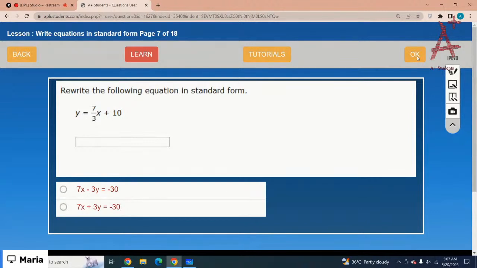Y equals 7 over 3x plus 10. So which is the correct option? Multiply the equation by 3. So it would be 3y equals 7x plus 30. So you have to do 7x minus 3y equals negative 30. Option number 1 is the correct option.